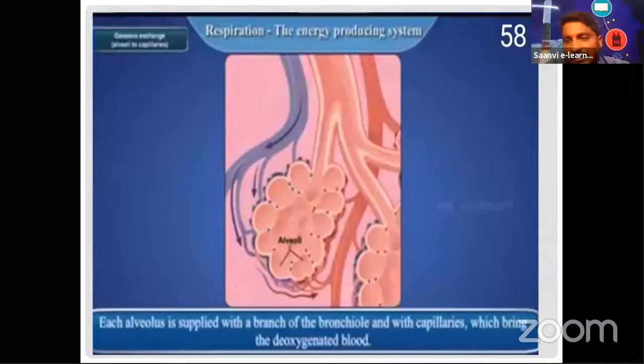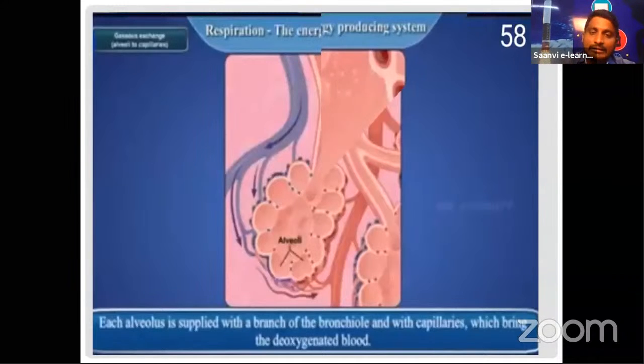That carbon dioxide is brought back to the lungs by the blood flowing in the blood capillaries. Then by diffusion, carbon dioxide moves from the blood capillaries to the alveoli of the lungs, and oxygen moves from the alveoli to the blood capillaries. Like that, gases exchange is taking place. Okay, children? Next one.